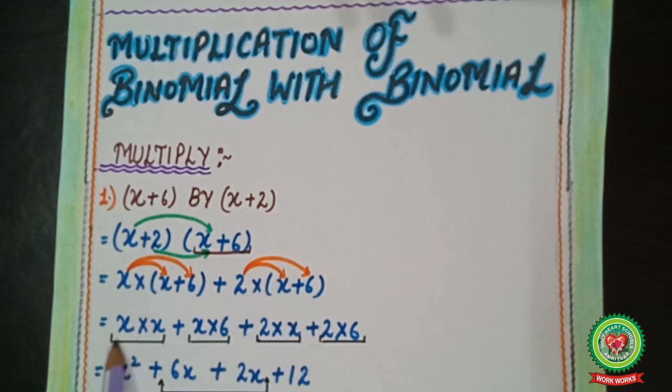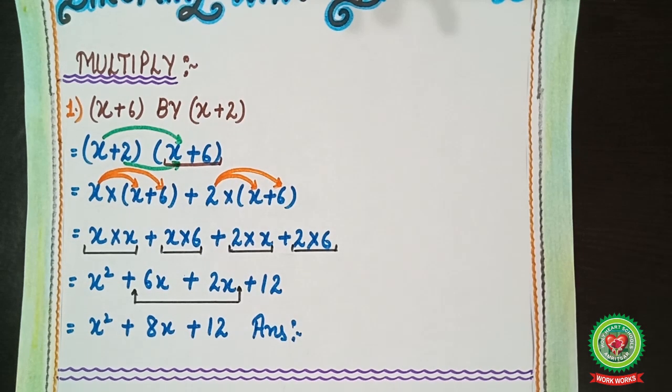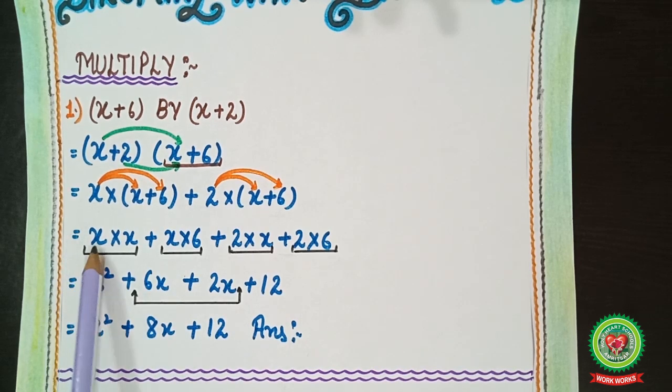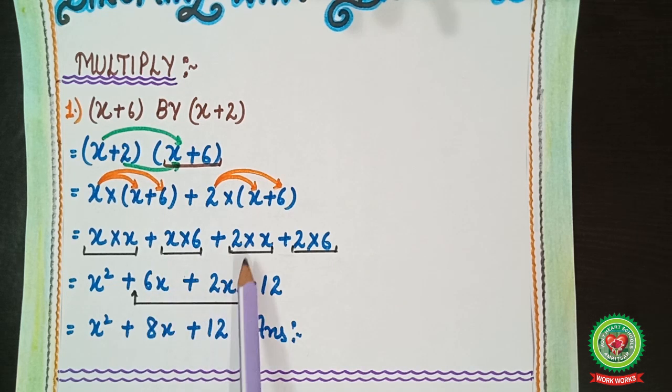Now again you will just underline all these so that you will not get confused by all these terms written together. So here you will underline them. Is that clear? Now we will multiply it. x multiply x, you know that it is x square, plus will remain plus, x multiply 6, that is 6x, plus 2 into x, that is 2x, plus 2 into 6, that is 12, right?